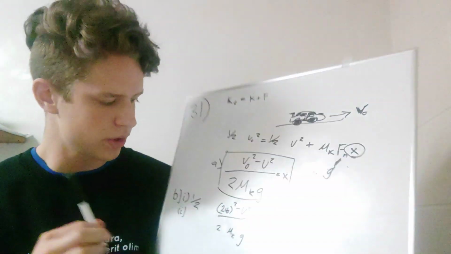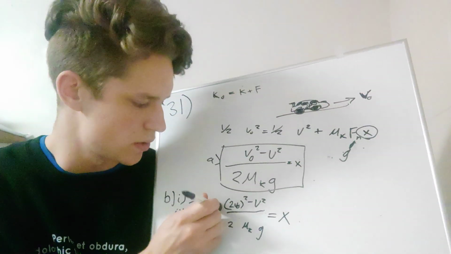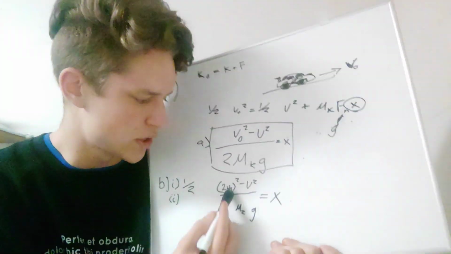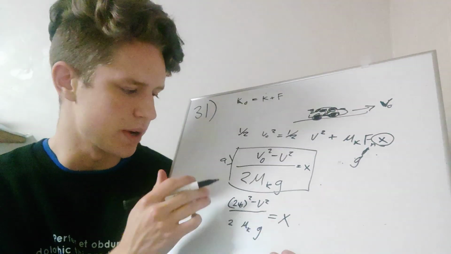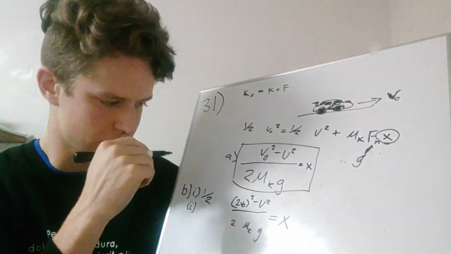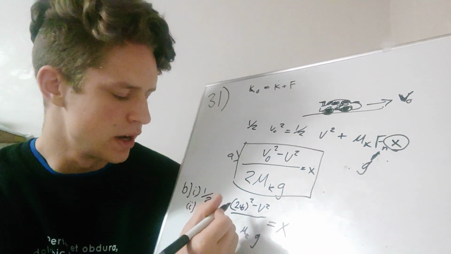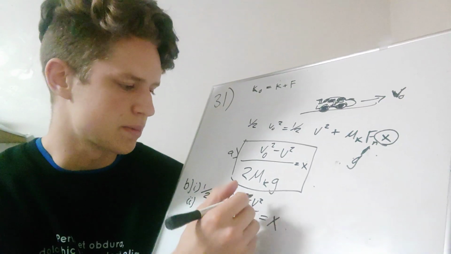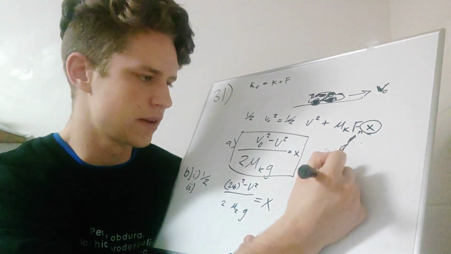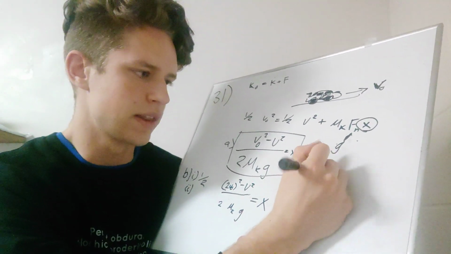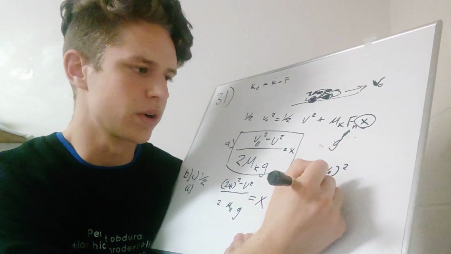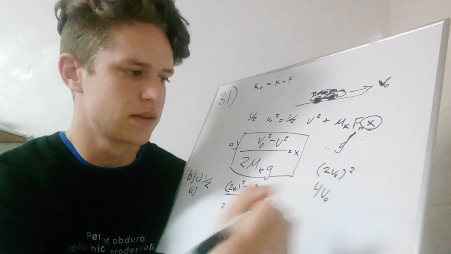So if you doubled v naught, in this you'd have 2 times v naught, and then that's squared. So in order to pull the 2 out front, so we can figure out what factor this changes it by, to reset it back to this equation here. If you have 2 v naught, and that's all squared, that's equal to 4 times v naught squared.